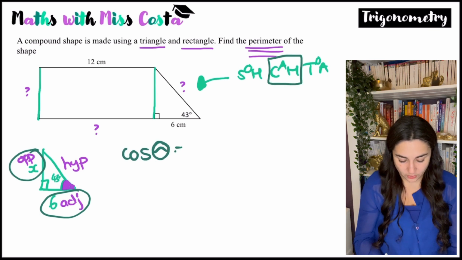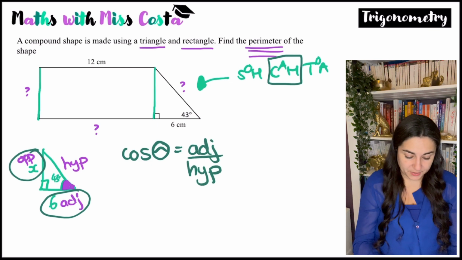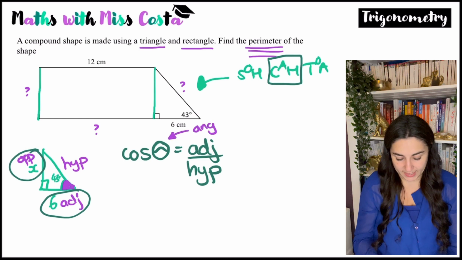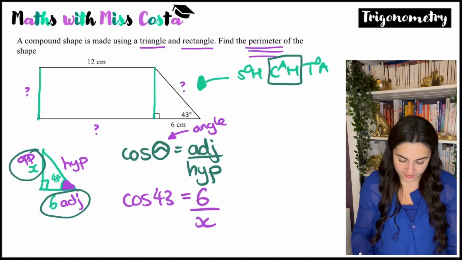So I'd write out cos theta equals adjacent over hypotenuse. That's just the trigonometric ratio. I'm going to substitute all the values that I have. Theta just represents the angle. So cos 43 equals adjacent, which is 6, over x, the value I'm trying to find.